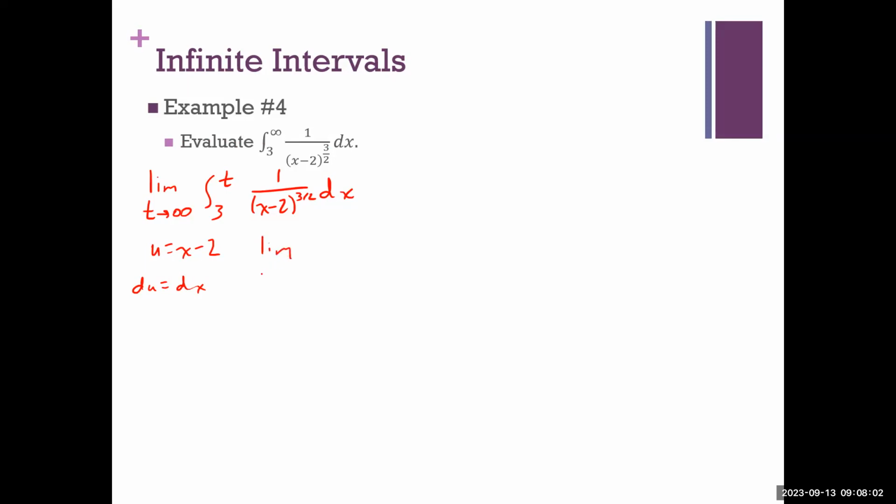The limit as t approaches infinity of, I'll keep these as x values to make sure that we know these are still x values and not u values. So this integral becomes what? We're going to take the antiderivative of that now. Yes, you could have negative 1/2 over negative 1/2. Good.